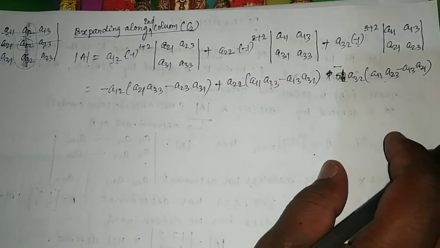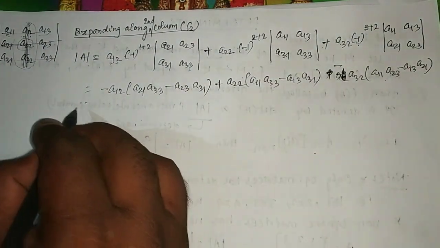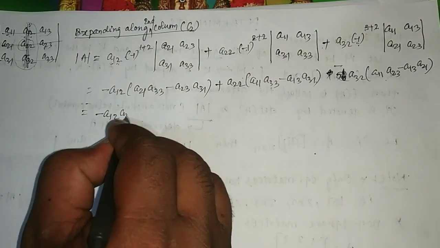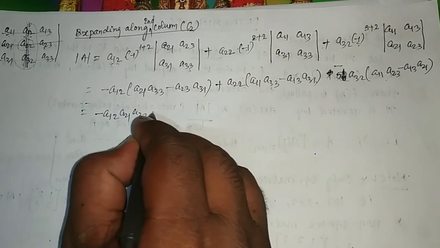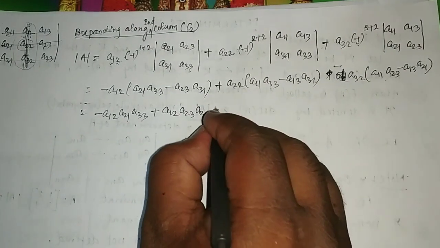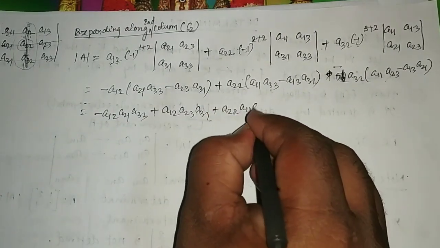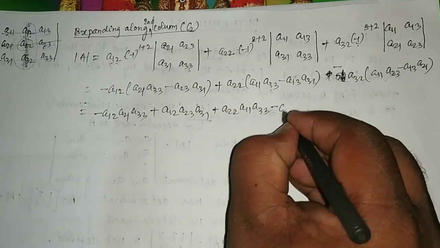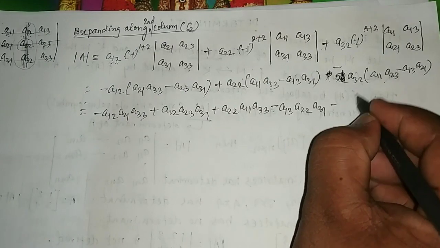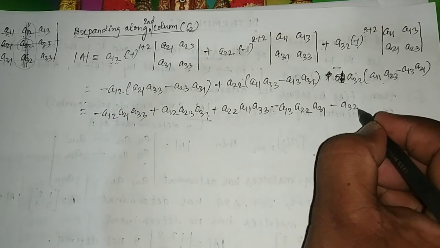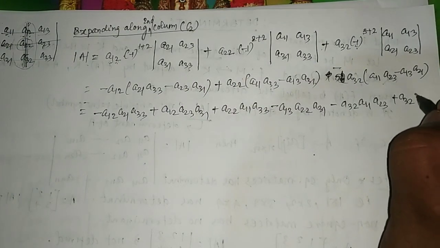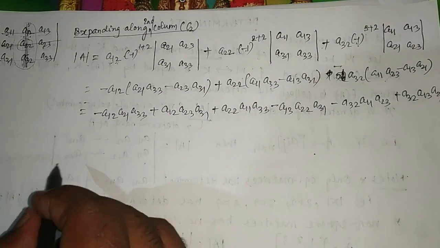By multiplying this, we can get minus A12 A21 A33 minus minus plus A12 A23 A31, same here A22 A11 A33 minus A13 A22 A31 minus A32 A11 A23 minus minus plus A32 A13 A21.